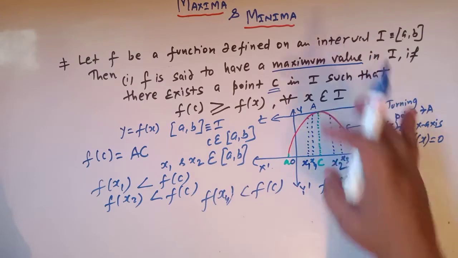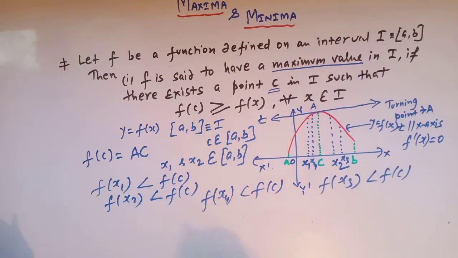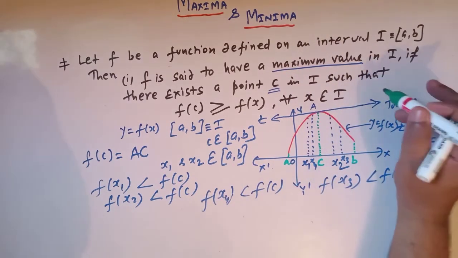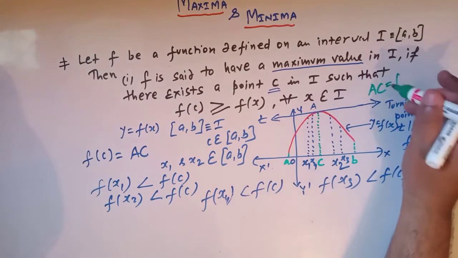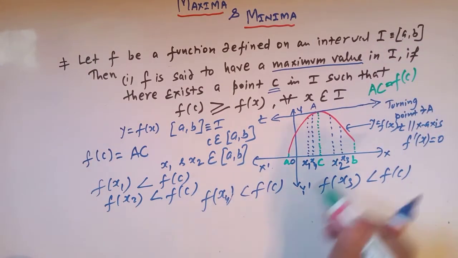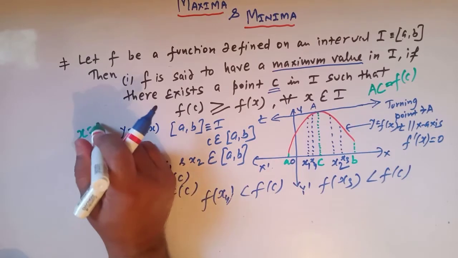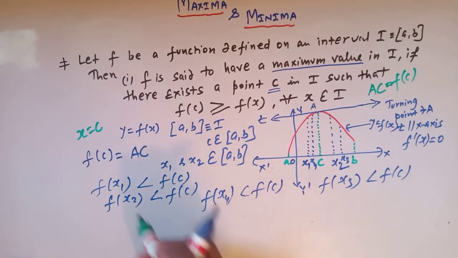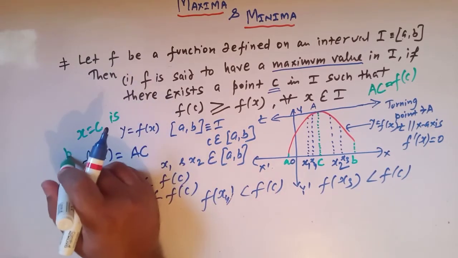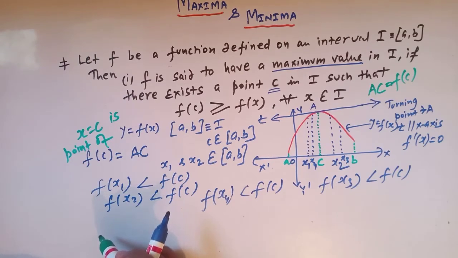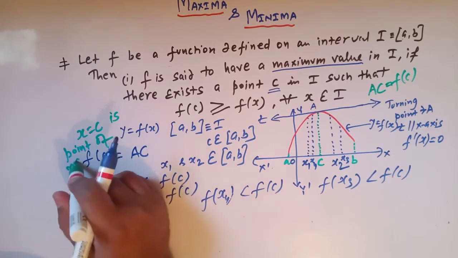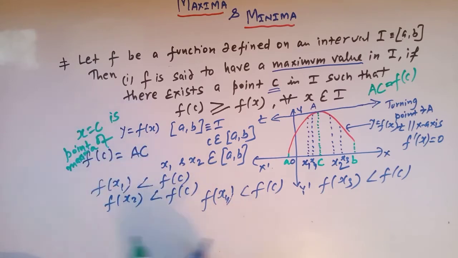Hence this ordinate AC is called the maxima. AC is the maximum value of this function, and AC is f of c. And this point x equal to c is known as the point of maxima.